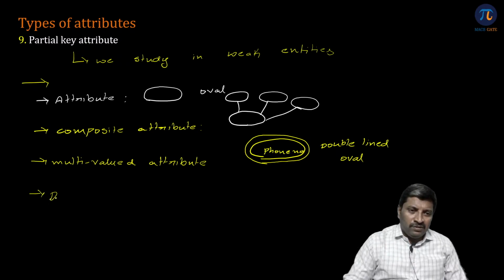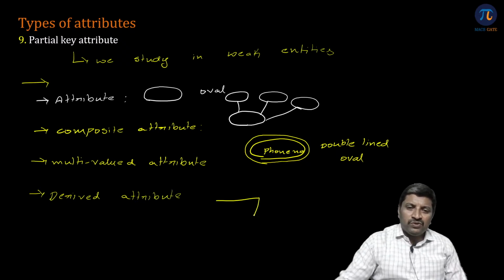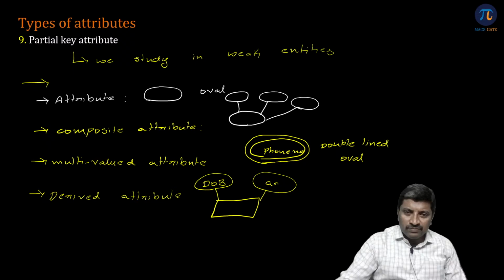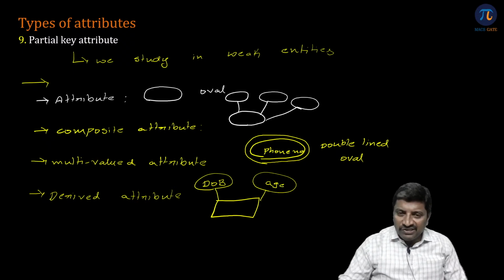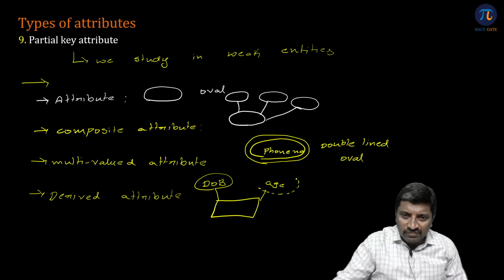Then when you have a derived attribute, date of birth is the original attribute from which I derived age. Whenever it is a derived attribute, people write a dashed oval. It is also an oval only, sir, but we write it dashed.